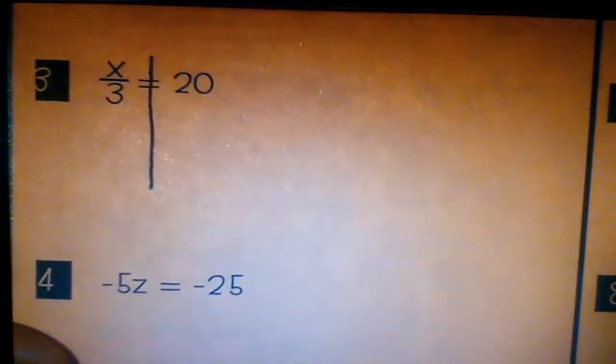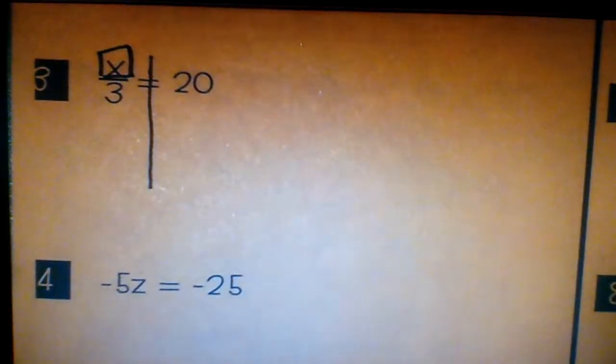Okay, number 3. I need to get X all by itself. So Amor, what do I have to get rid of in this problem? What's with the X? There's a 3 with the X. So when I read this, it is X divided by 3.